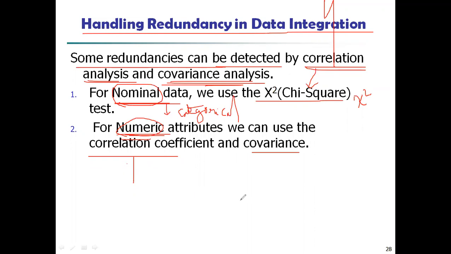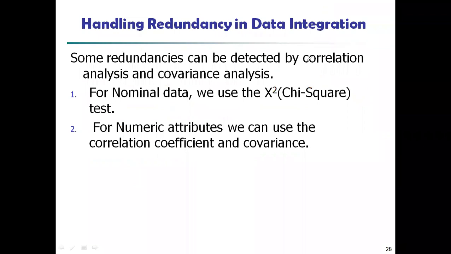So I'm repeating again, there are two kinds of detection methodologies. The first one is correlation analysis, the second one is covariance analysis.